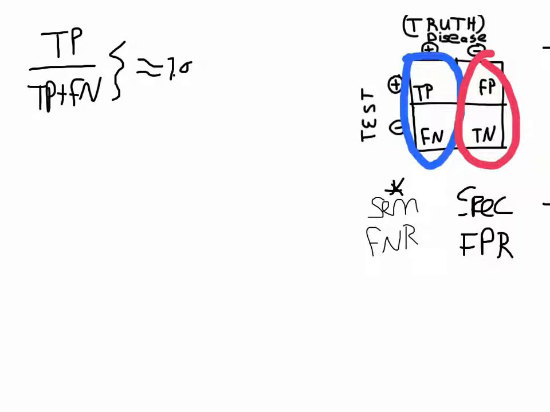Let's say that this is 100, and this is 3. So then we would say that out of 103 people, if they are positive, they will test positive 100 out of 103 times. So what I'm saying is that my false negatives are really low.